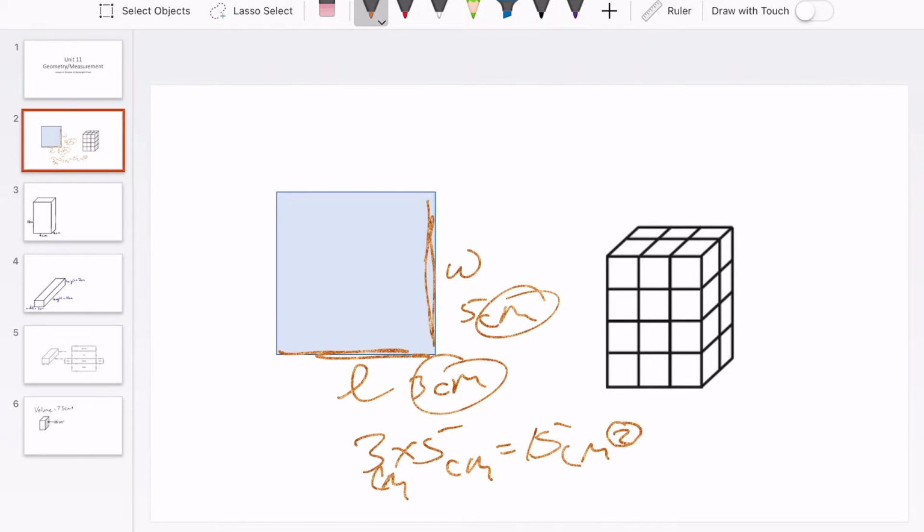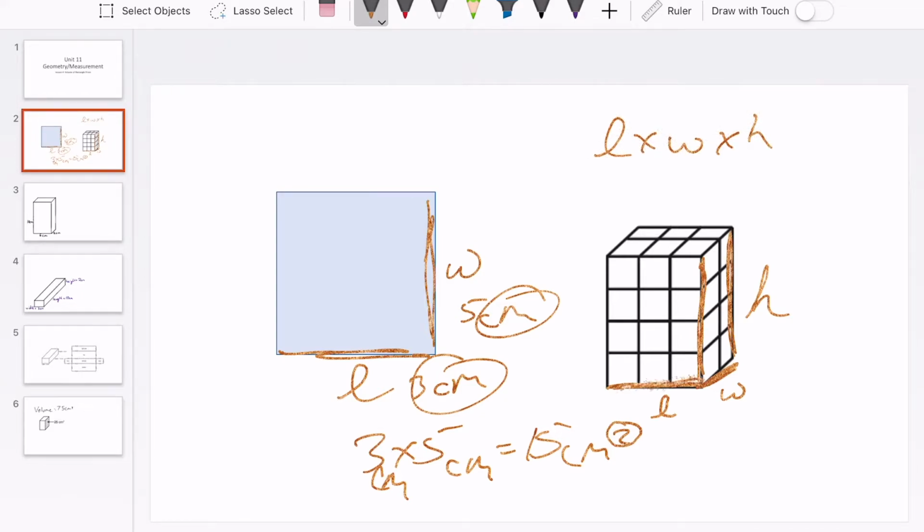If we're looking at this cube, this is going to be the length here. This here is the width of the cube, and then up here on any of these is going to be the height. So the formula for a 3D object is going to be length times width times height.